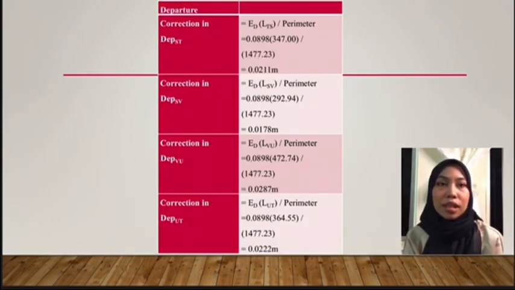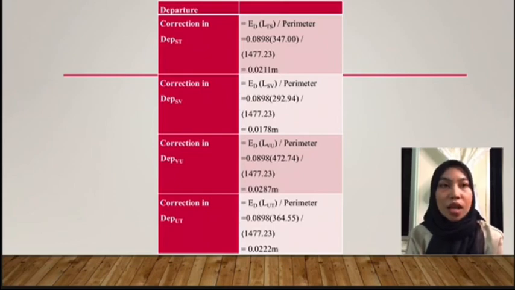How to calculate correction for departure? Correction in departure ST, ED times LTS in bracket per perimeter. The value of ED is 0.0898 times LTS in bracket 347.00 per perimeter, 1477.23, and the answer is 0.0211 meter.